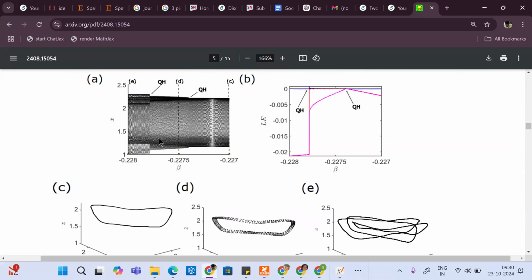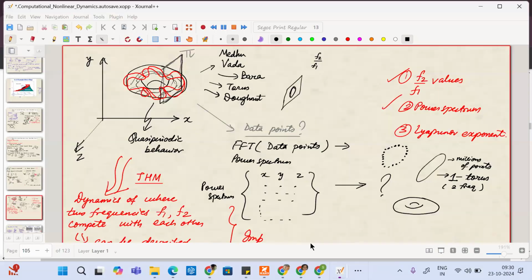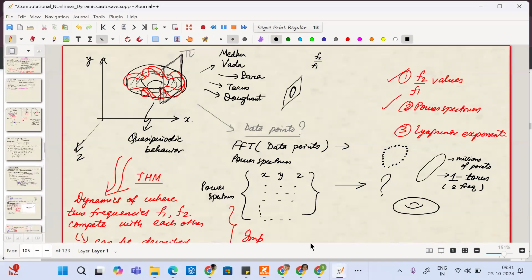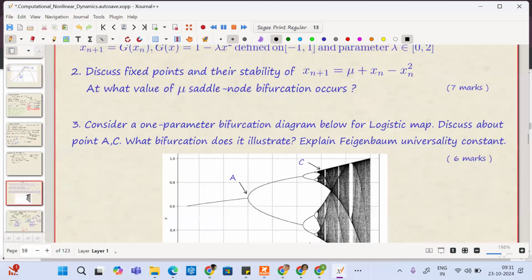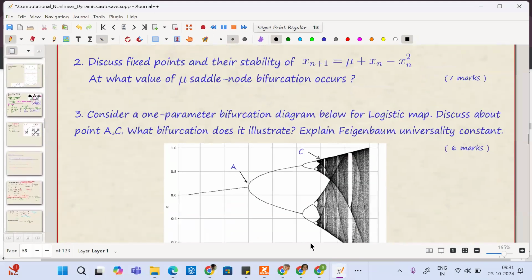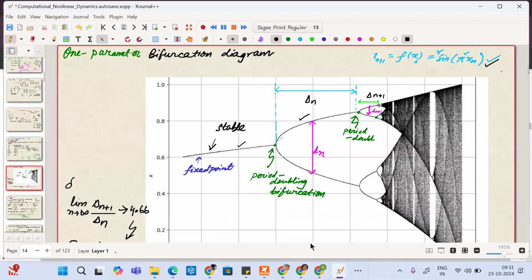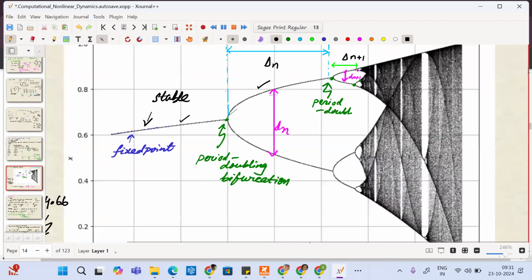I think if you have seen our bifurcation diagram, let me turn it on. I will show you our bifurcation diagram from the first. Let us see the bifurcation diagram there. Yeah, this area doesn't seem to have any patterns. The chaos doesn't seem to have any patterns.